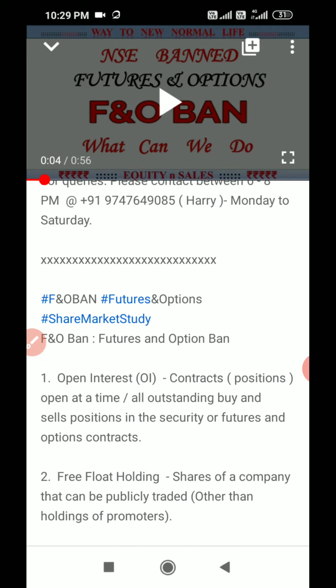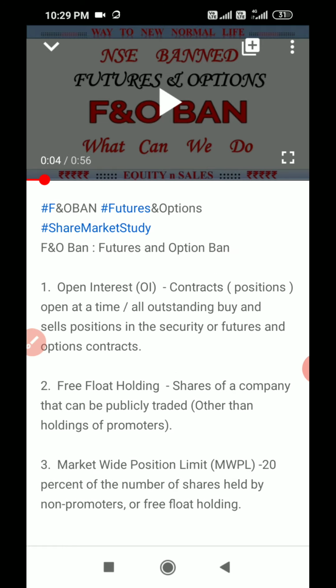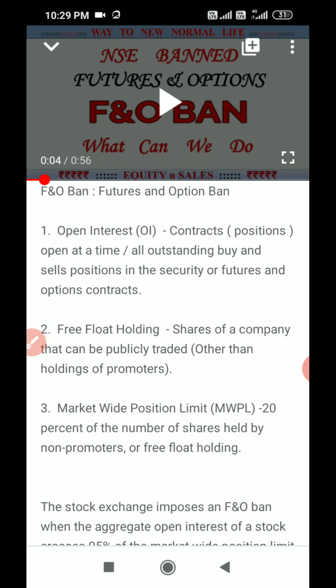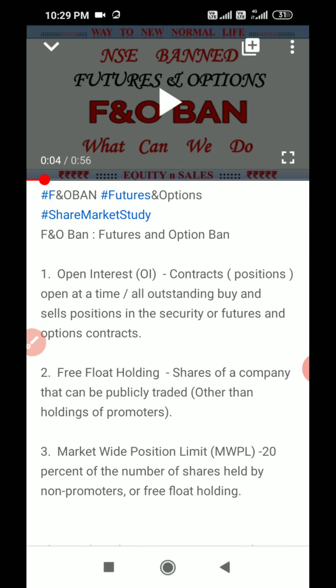Fine. So to understand why this futures and options ban happens, we need to understand minimum three simple terms. First one is open interest, second one is free floating holding, third one is market wide position limit. So first I will explain what is open interest. It is the contracts or positions open at a time in the market.